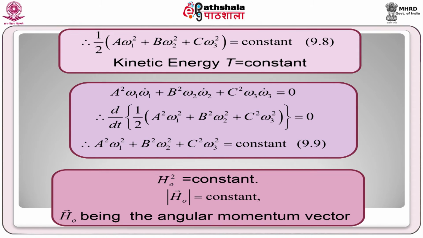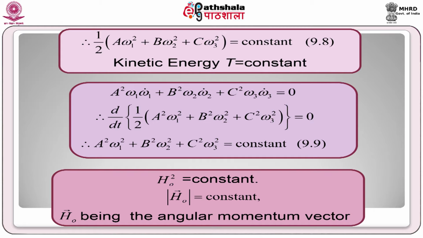Next, if we multiply equation 9.7a by capital A into omega 1, please recall that before this we have multiplied the first equation by only omega 1. Here we are multiplying by capital A omega 1.